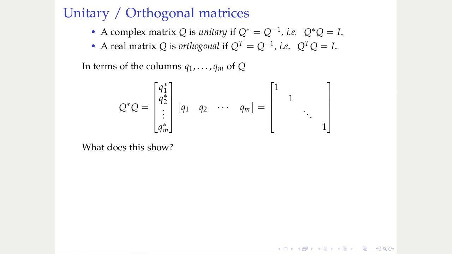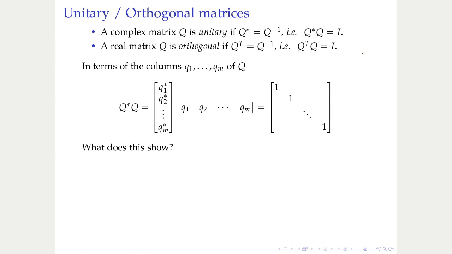So a complex matrix is unitary if its adjoint is equal to its inverse, or in other words, Q star Q is equal to I. Now if we're dealing with real matrices, which we almost always are in this course anyway, a real matrix Q is orthogonal, which is exactly the same thing, if Q transpose is equal to Q inverse, i.e. Q transpose Q equals I. So that's our definition of an orthogonal matrix.